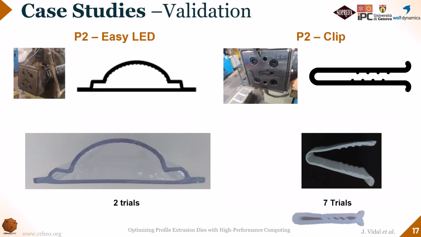But anyway, in these two tests, this one went quite well. In two trials, the process was running. In this one, we had a problem that we didn't figure out. The profile is symmetric, but the outcome of the tool, the initial trial, was not symmetric. They managed to solve this and have this profile running as they requested in 7 trials.